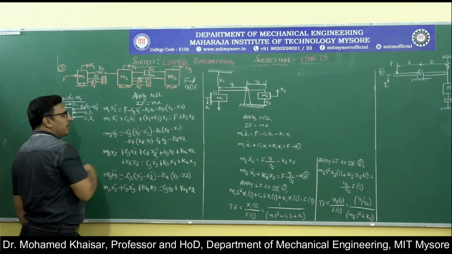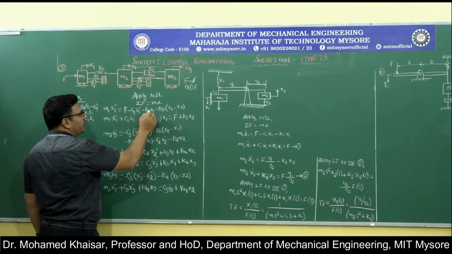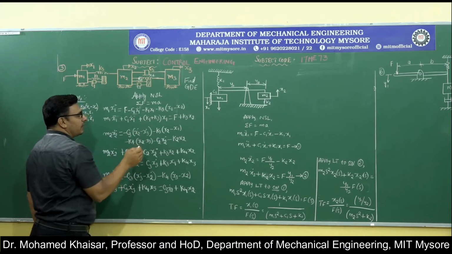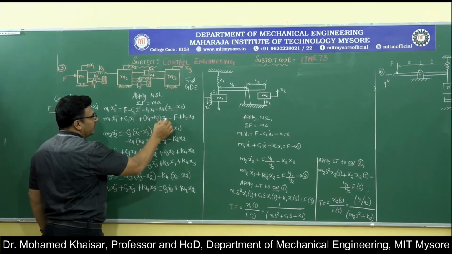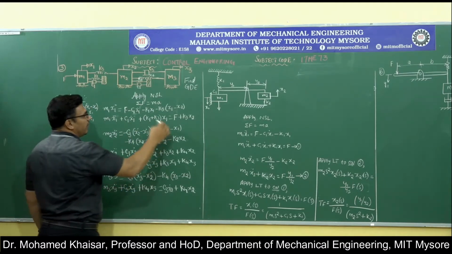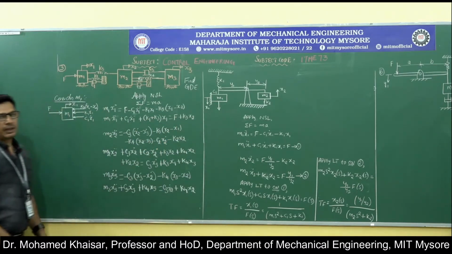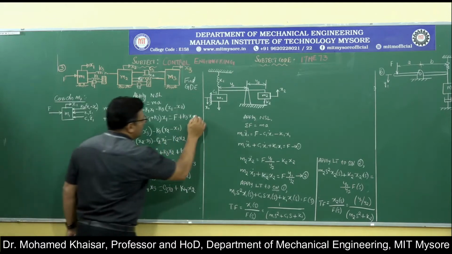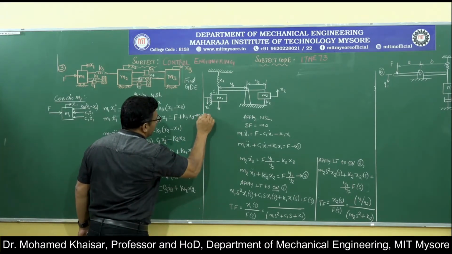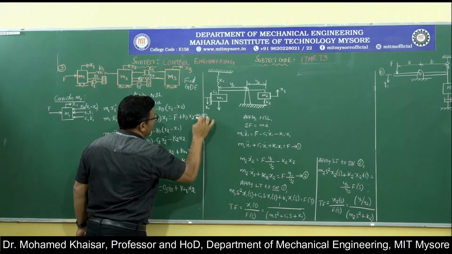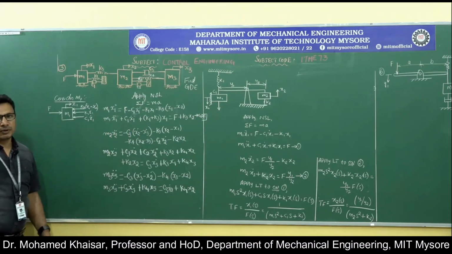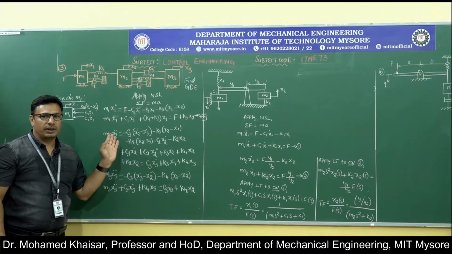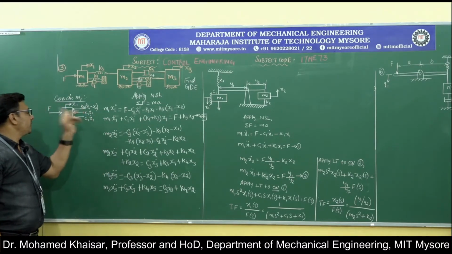So when you take them on the left hand side, it will become plus K1 x1 plus K3 x1. So K1 plus K3 becomes common. So (K1 plus K3) into x1, that is what I have written here, and the rest I have written on the right hand side. This equation which we have found is the governing differential equation for the mass m1.